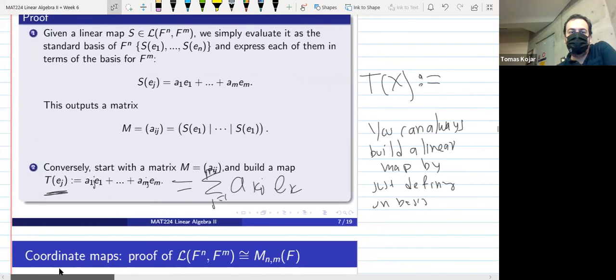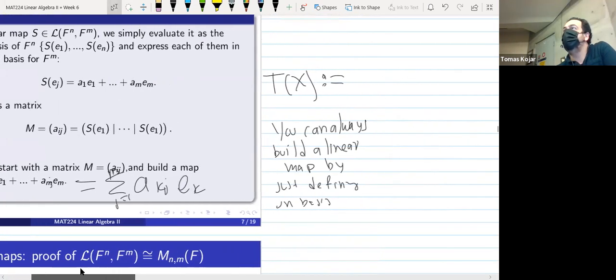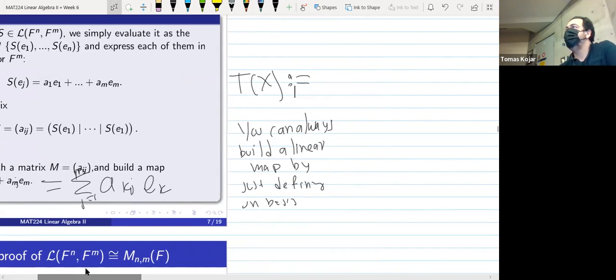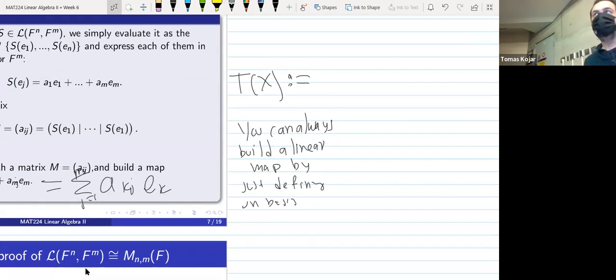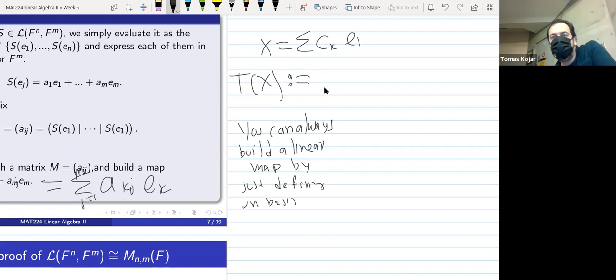So how should we define it in general? If X is, say, the sum of C_K E_K, what should my image be?